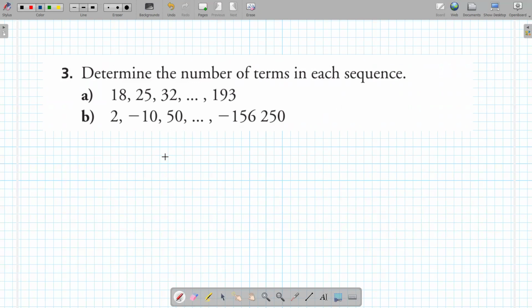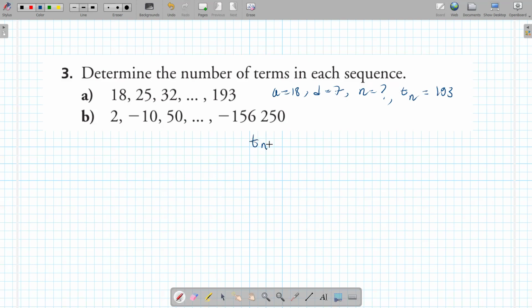It is going to be an arithmetic sequence, right? You're adding what each time? 7. So we know A is 18. We know D is positive 7, the common difference, but now the n is missing. But we do have Tn, here being the last term, 193.